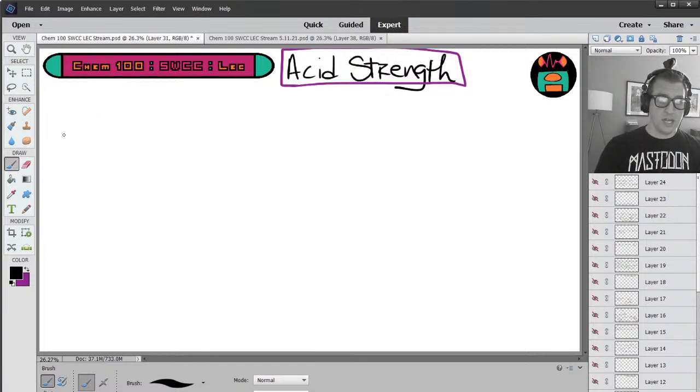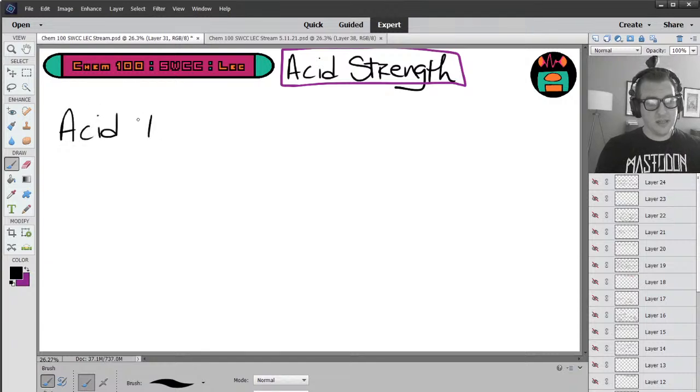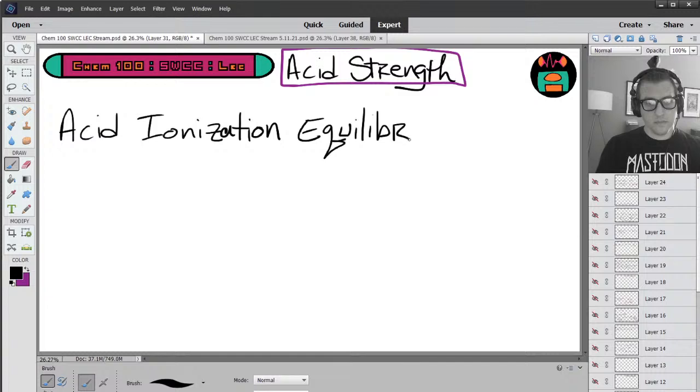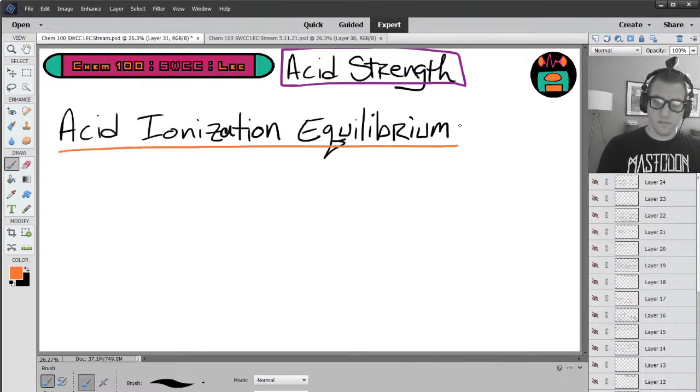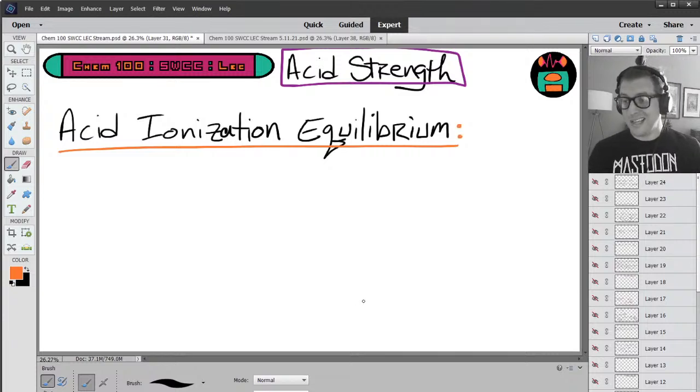So our rating for acid strength is based on the acid ionization equilibrium. The acid ionization equilibrium.